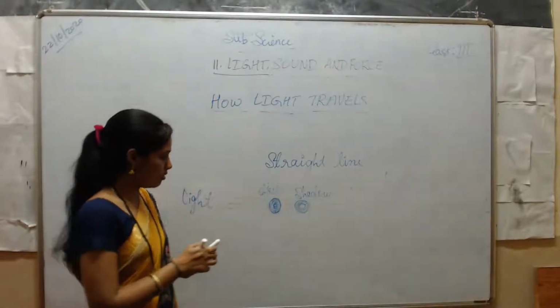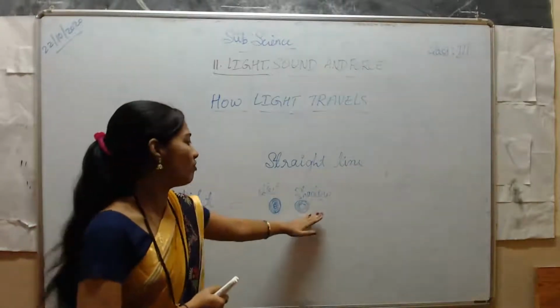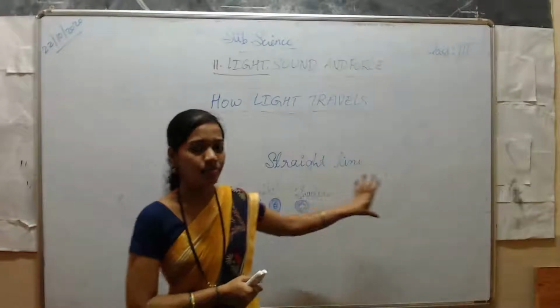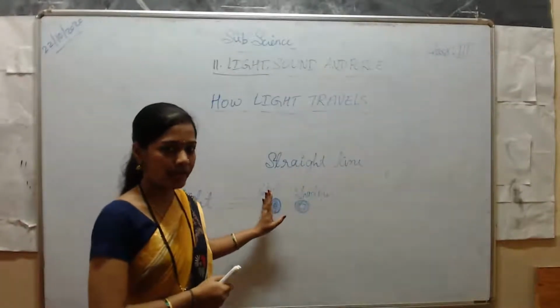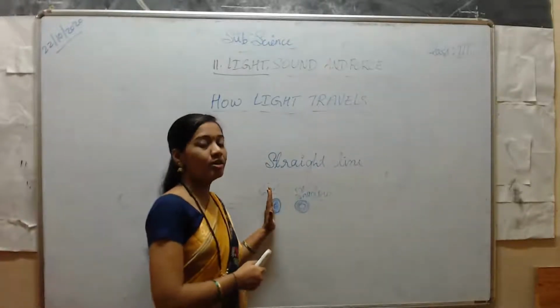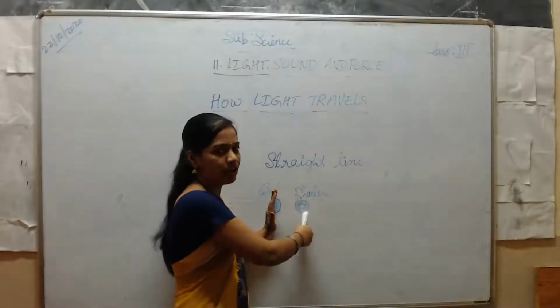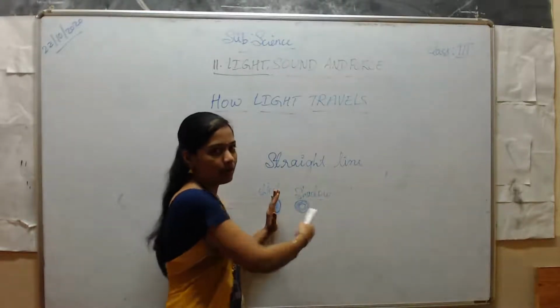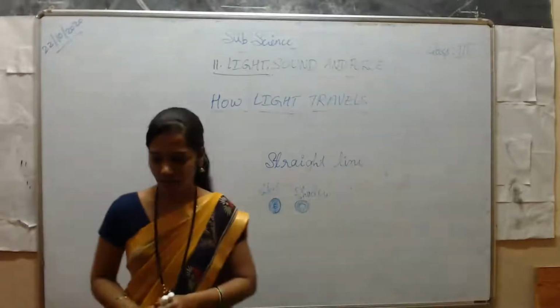So this is the example of why a shadow is formed: the light travels in a straight line, and when you block that traveling light, the blocked object's shadow is formed on the opposite side of the light.